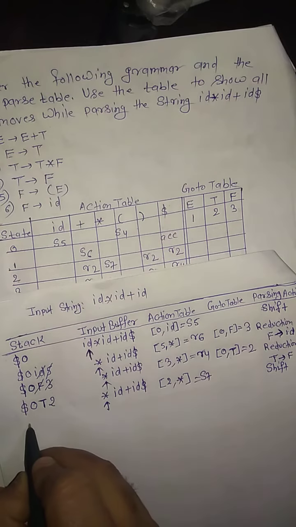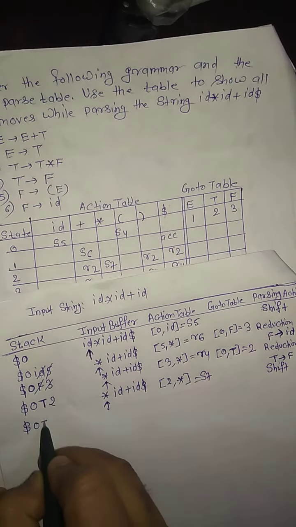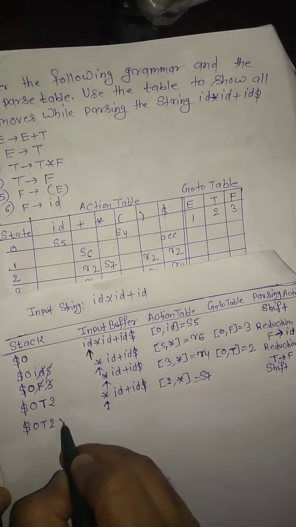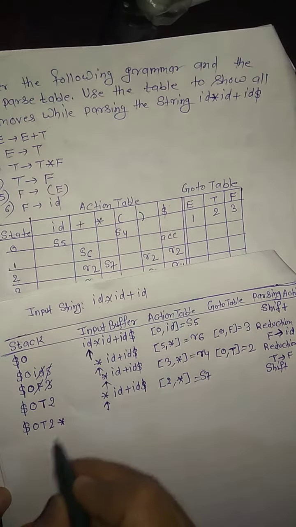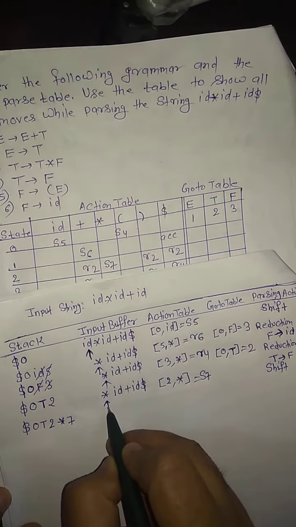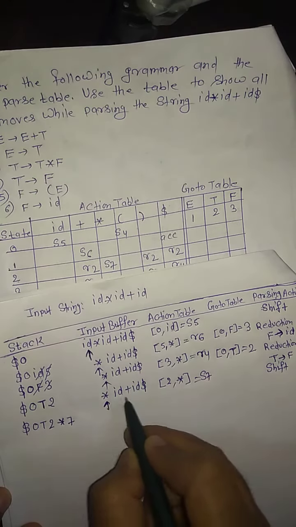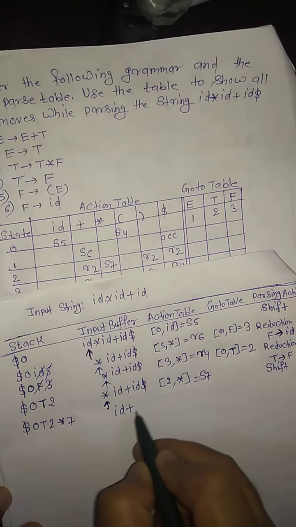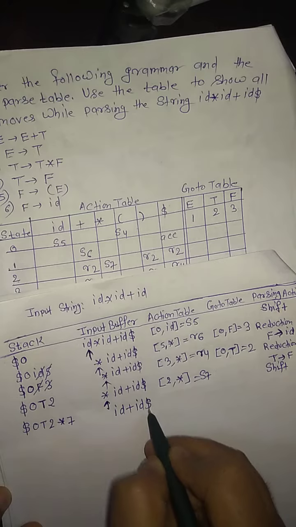So $0T2, and shift the star on the top of the stack, and 7 also. After the shifting operation, the input pointer moves to the next symbol. The next symbol is ID plus ID and dollar.